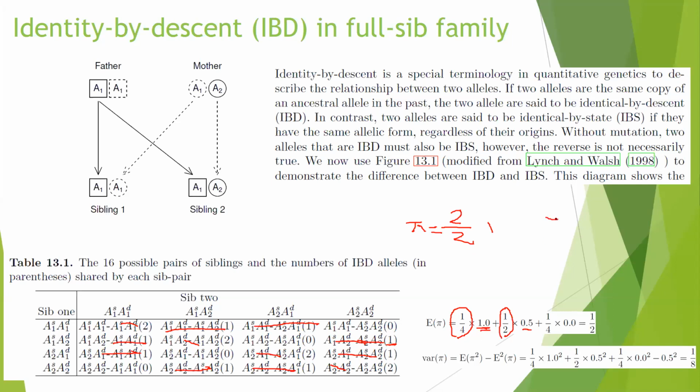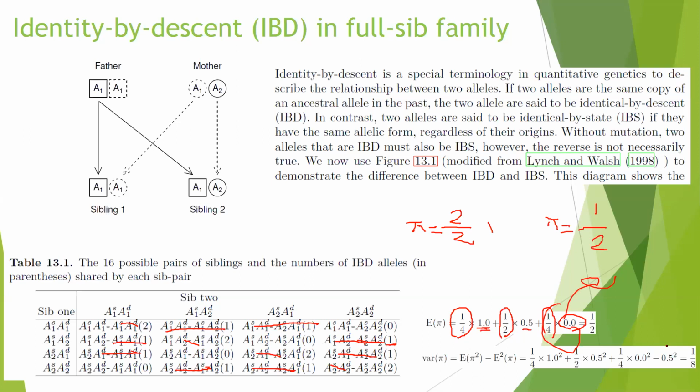In this case, pi equals 1 allele out of 2 that are IBD. Same thing for here. If both are not IBD, then this term is gone, 0.